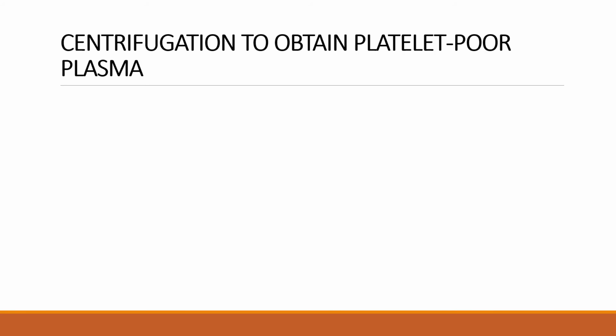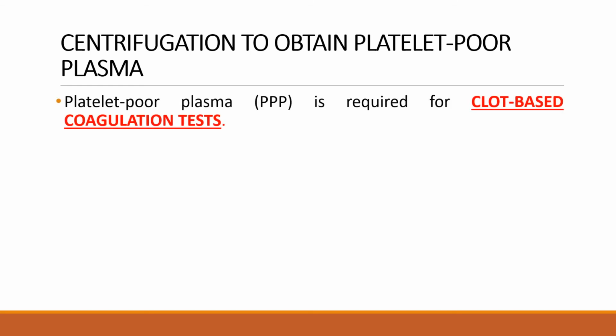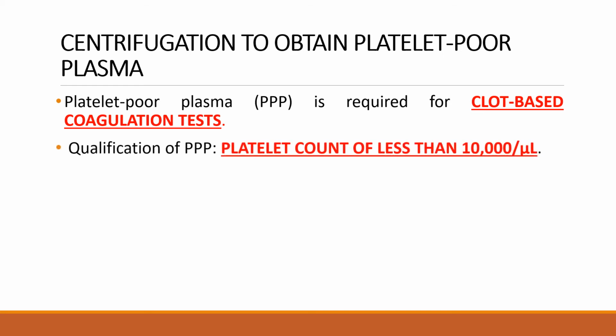For the centrifugation of our sample to obtain the platelet-poor plasma, these are the things that we need to remember. The platelet-poor plasma is required for clot-based coagulation tests, and the qualification of PPP is that the platelet count should be less than 10,000 cells per microliter.